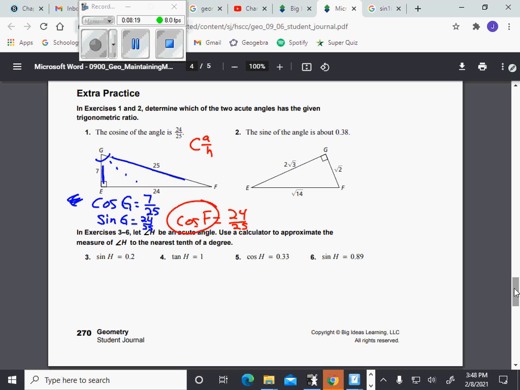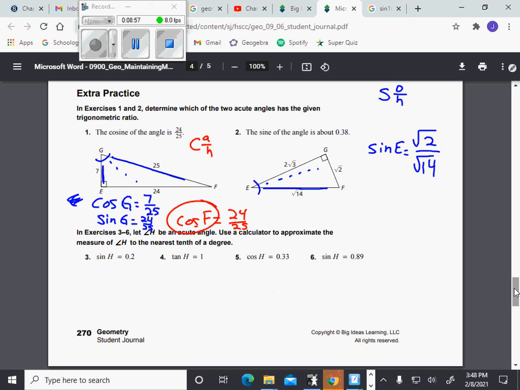Number 2, the sine of the angle is about 0.38. Okay, so now we're working with sine. Remember, sine is opposite over hypotenuse. Okay, so if I start with E, the sine of E is equal to opposite, which is the square root of 2, over the hypotenuse, square root of 14.